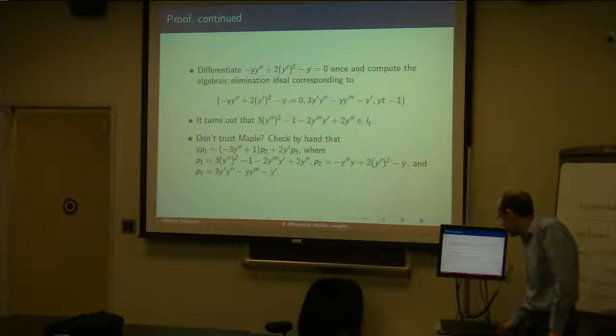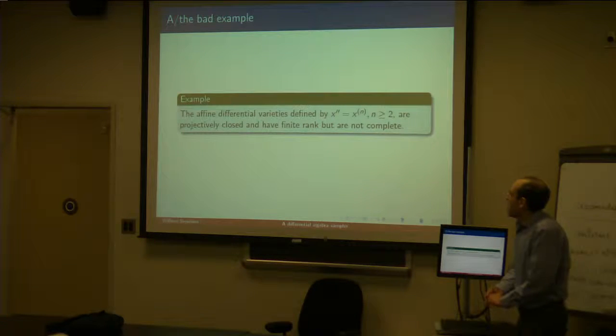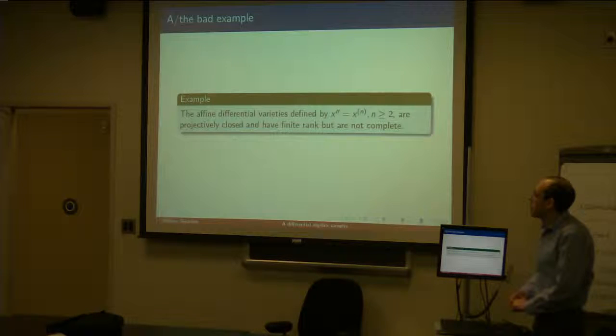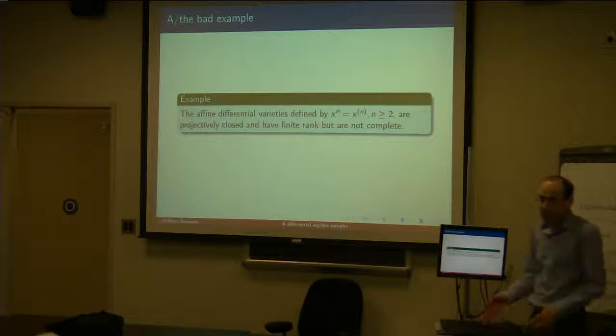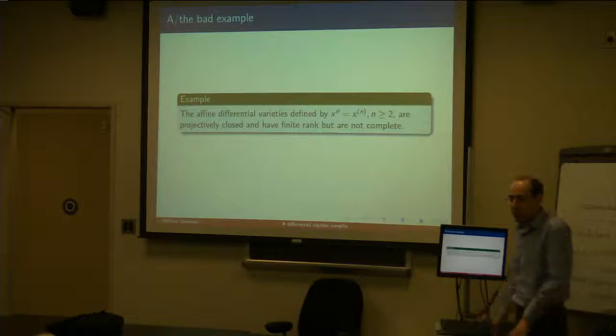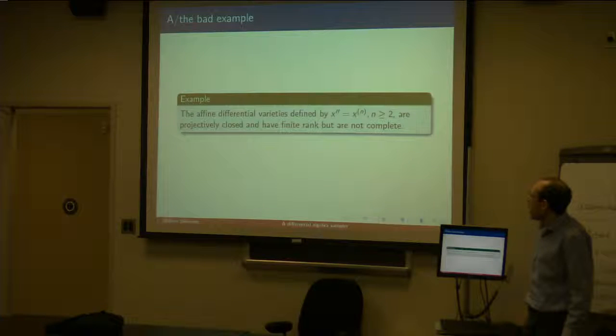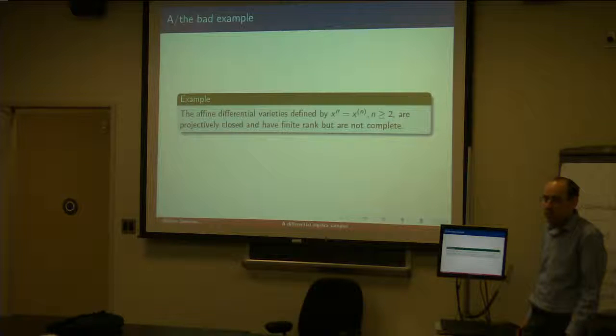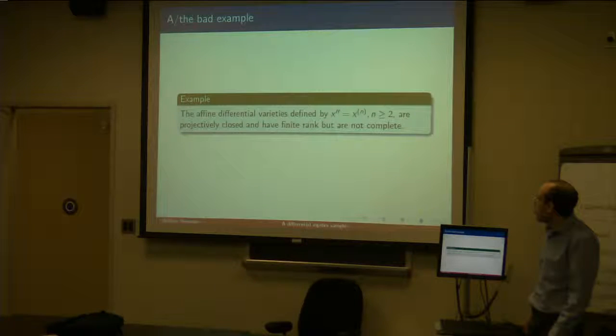That's the title of this slide, the bad example, because this particular family is the only family that I know. It seems difficult to identify completeness in general, to actually show that an example is complete or that it's not complete, for reasons that we'll discuss.